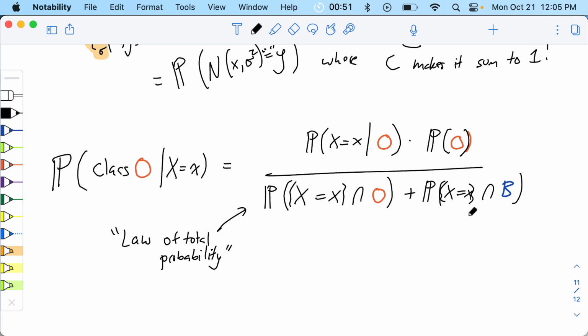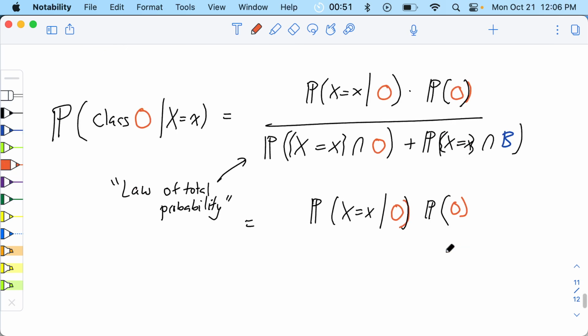And each of those I can also write as a conditional probability. So it's the probability x equals x given that it's orange times the probability of orange. That's the top of Bayes' theorem. And you see the bottom is a very similar situation.